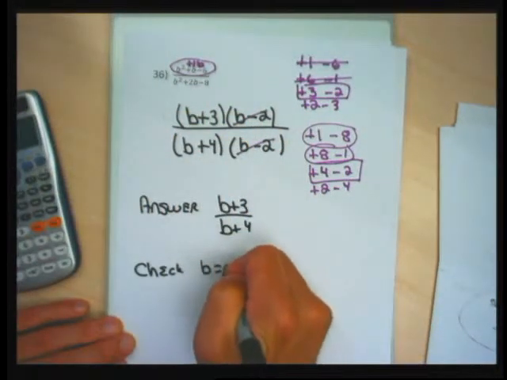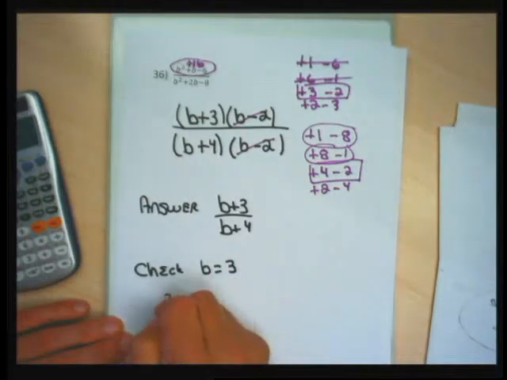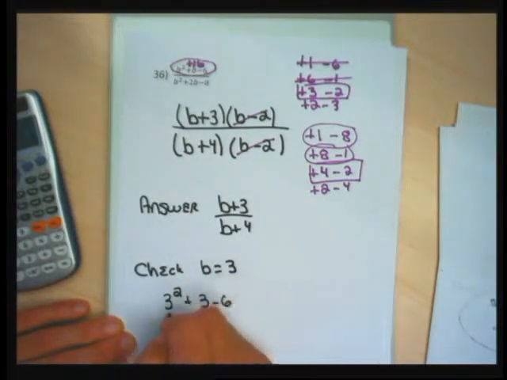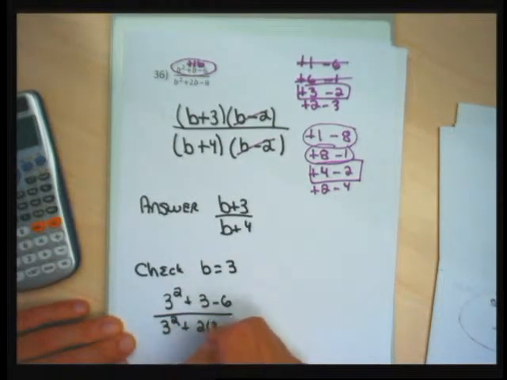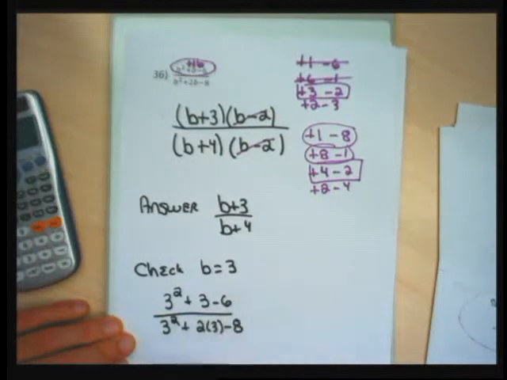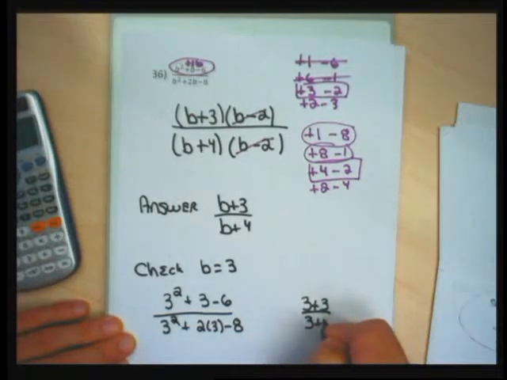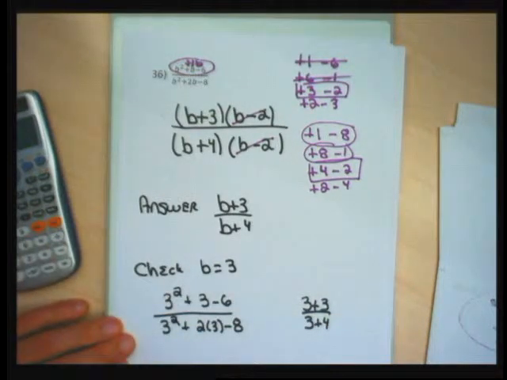If you try to check with 2, you're going to see that you get a domain error, or whatever your calculator does to show errors. So I'm going to plug 3 into the original problem for B, and 3 into my answer for B, and make sure they both come out to the same number.